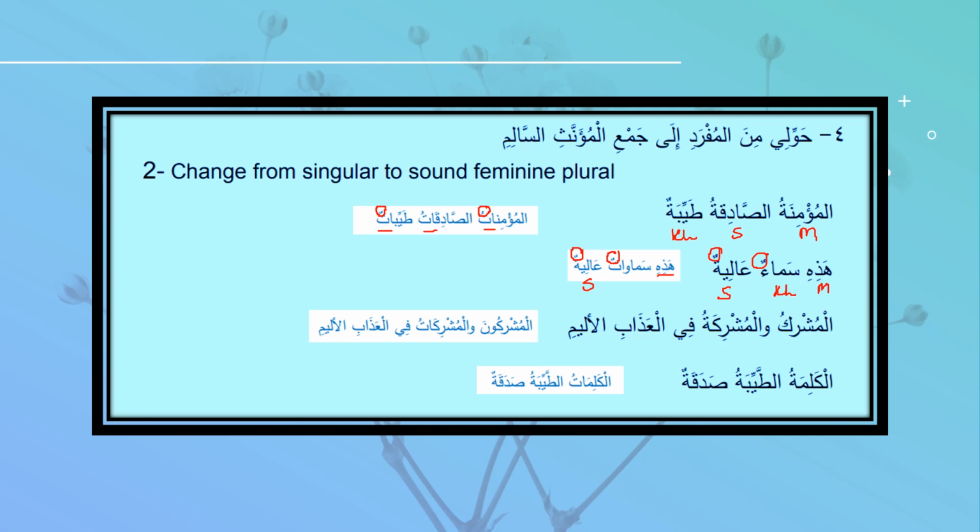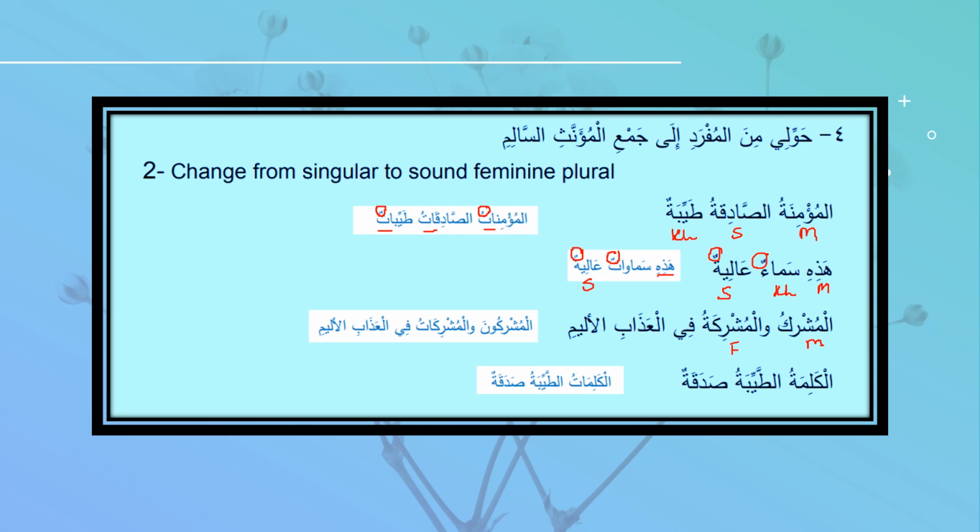Al-mushriku, al-mushrikatu, this is male, this is female. Fil adhabil alim. Mushrik, the one who does kufr, disbelieves. And al-mushriku, al-mushrikatu. So this is feminine.